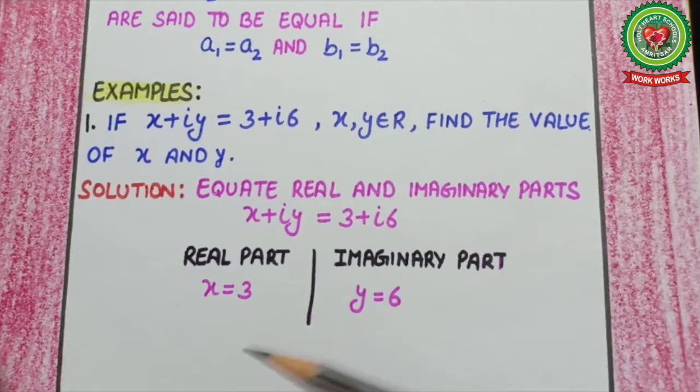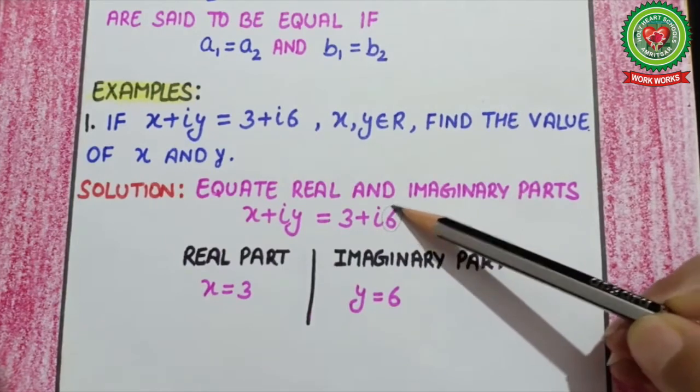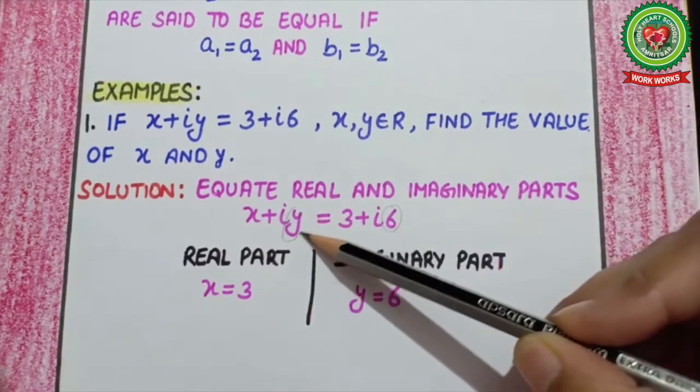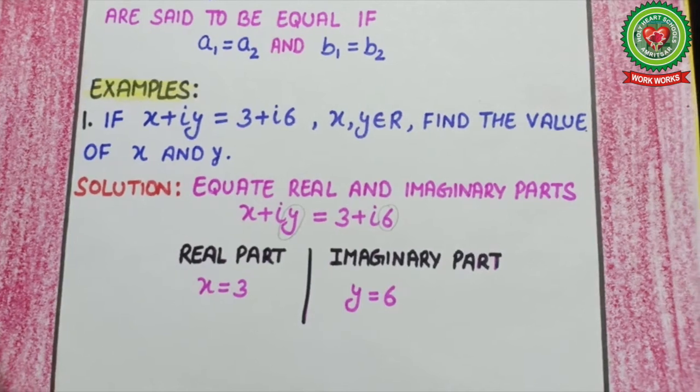Then from here, real part of first complex number is x and real part of second complex number is 3. So answer is x equals to 3. And imaginary part of these complex numbers are, from first is y and second is 6. So answer is y equals to 6.